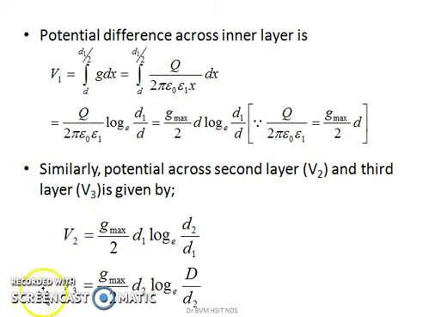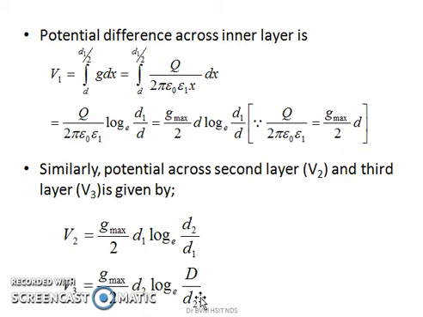Similarly, the potential across the second layer V2 and the third layer V3 can be written in the same way. V2 is equal to G max by 2 D1, because it is the second layer, natural log of D2 by D1. Similarly, V3 is equal to G max by 2 D2 natural log of capital D by D2.